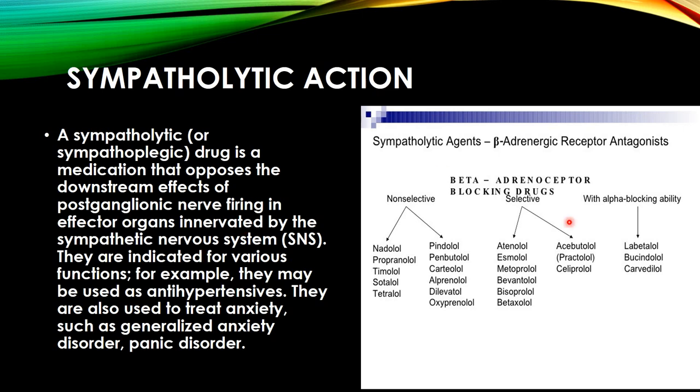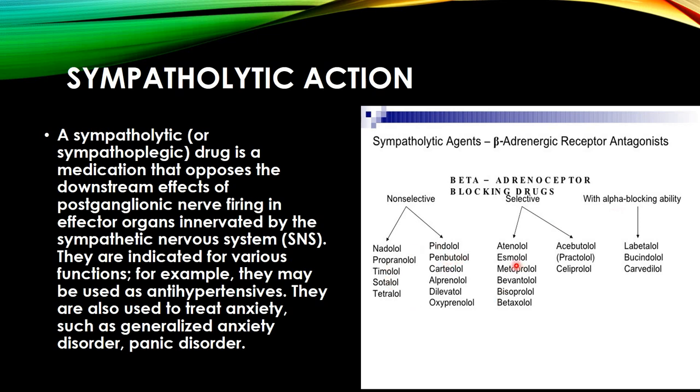On the right hand side, you can see a picture that I have depicted. This is mainly focusing on the beta adrenergic receptor, that is beta antagonists. So beta antagonists are divided into three major types: non-selective, selective, and with alpha blocking capability, or you can say alpha beta activity.